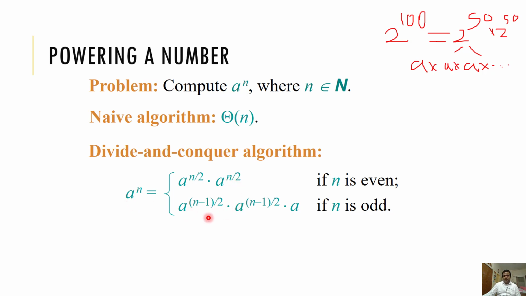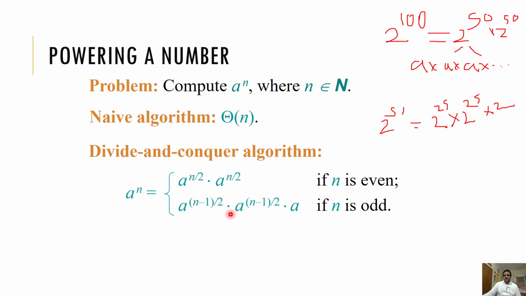And if n is odd, that means if we have to find, say, 2 to the power 101, or say 2 to the power 51, 51 is odd. So this is nothing but 2 to the power 25 into 2 to the power 25 into 2. So 25 is n minus 1 by 2.